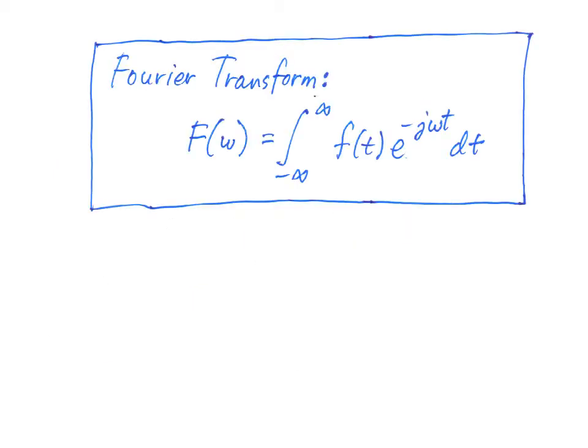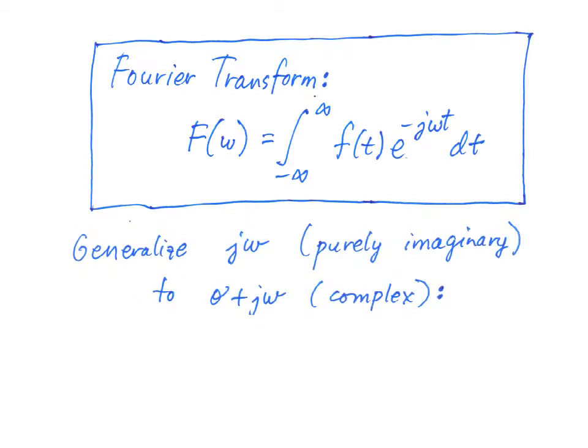Recall the Fourier transform. F of omega is the integral over all time of the product f of t and e to the minus j omega t. The Laplace transform may be thought of as a generalization of the Fourier transform.